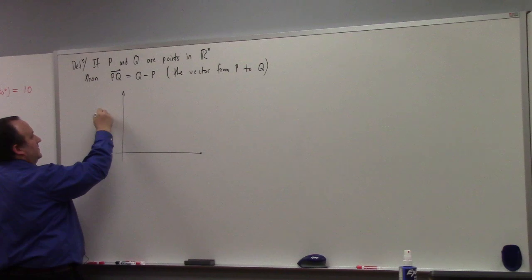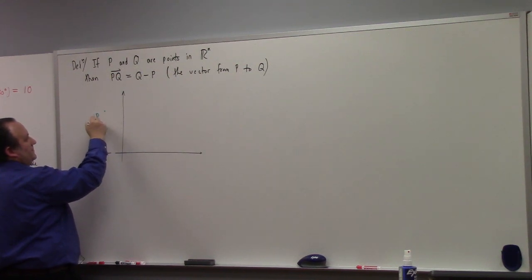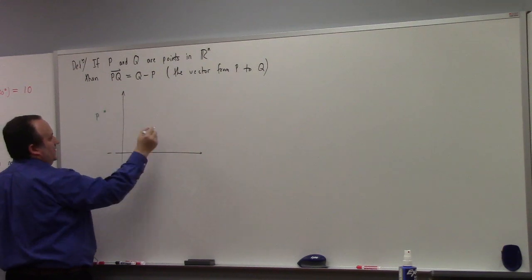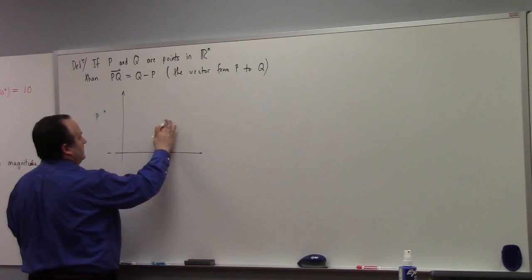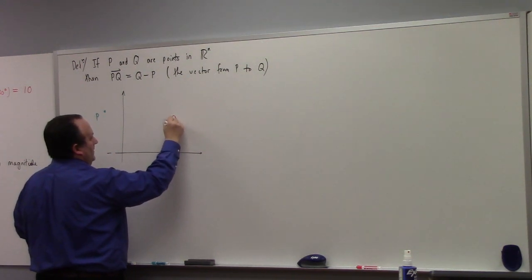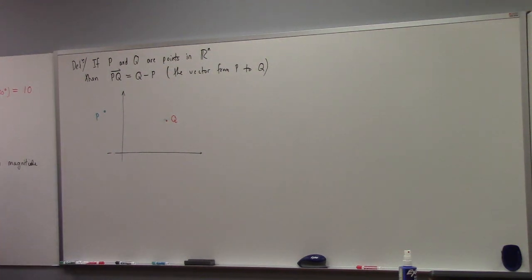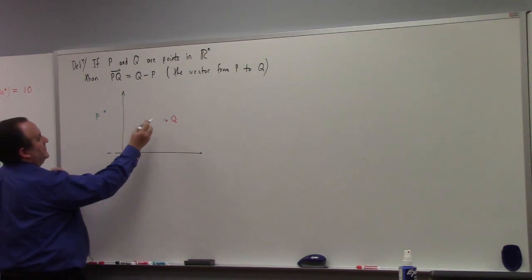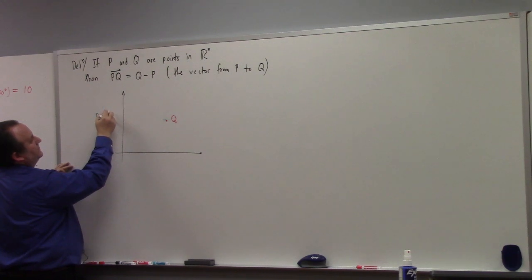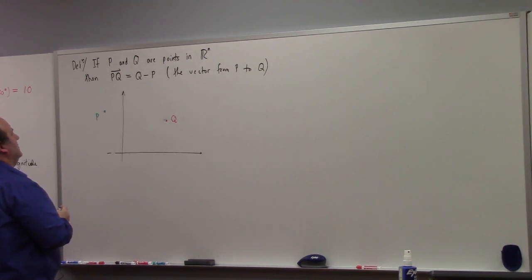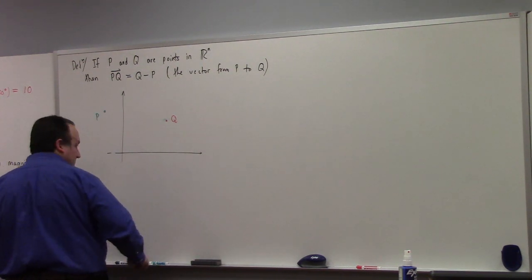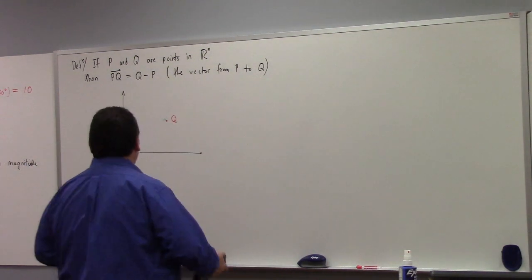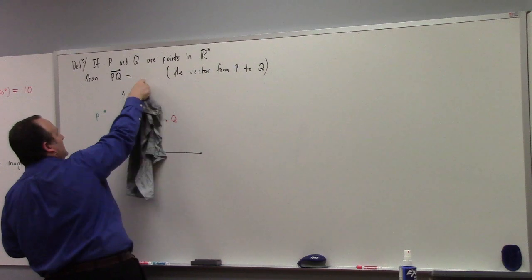So let's see here. Maybe this is P, all right? And over here is Q. Right? So PQ is, oh man. Oh, I'm an idiot. Goodness gracious. Oh, wait a minute. Let's try that over.